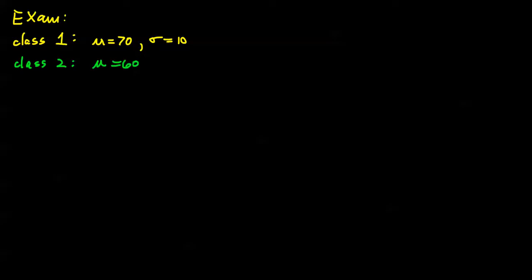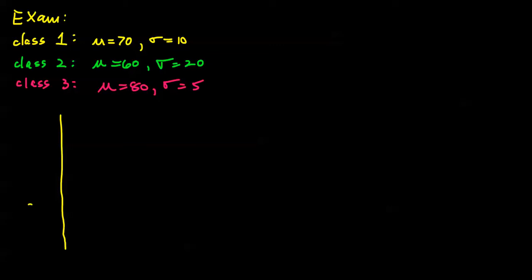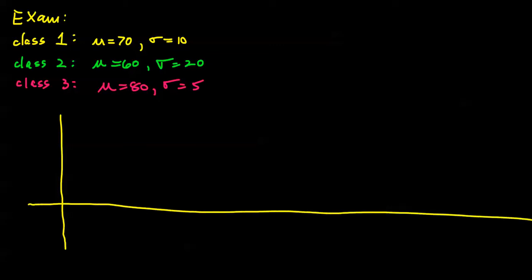Let's say their mean is less, but their standard deviation is greater. And let's say class 3 takes the same exam, and their scores are normally distributed also with a mean of 80 and a standard deviation of 5. So what I can do is sketch a rough distribution of these scores based on this above information.